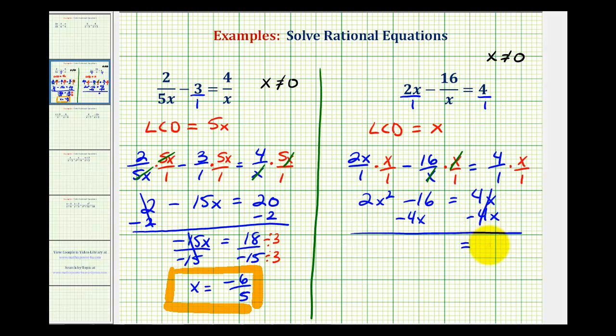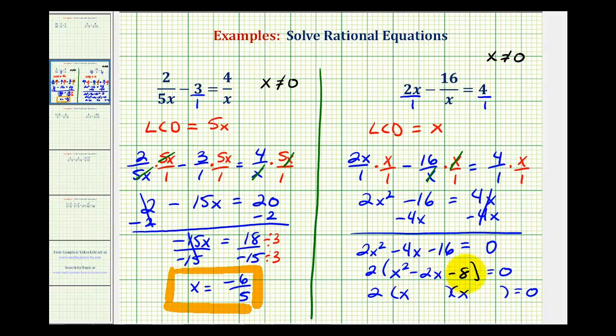Notice how we have 0 on the right side, and we have 2x squared minus 4x minus 16. First step in factoring is to factor out the greatest common factor, which in this case would be 2. So we'd have x squared minus 2x minus 8 equals 0. Looks like this will factor. Factors of x squared are x and x.